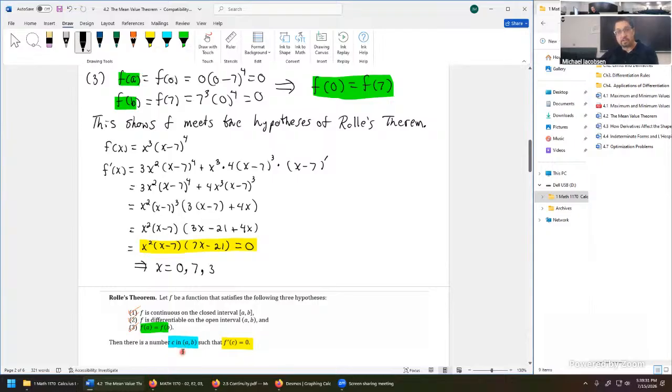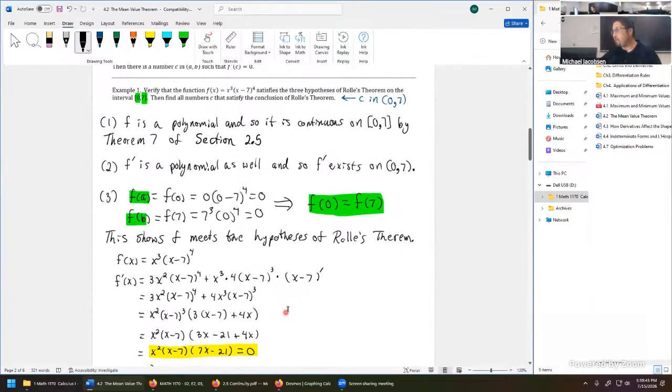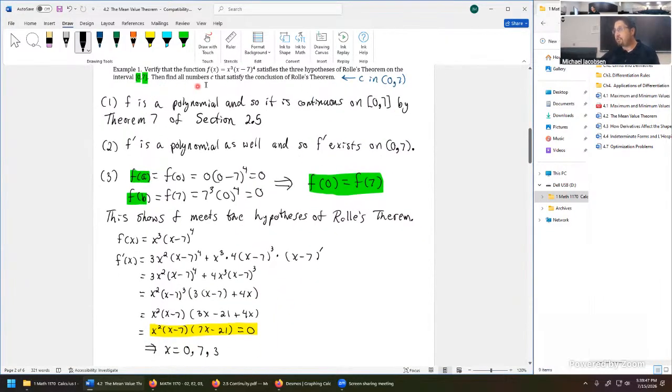The conclusion to Rolle's theorem is that there's a number c in a particular range, and that's the one and only number, or possibly more, but I think it's 1 on this one, that we're looking for. So let's scroll up for just a moment. We remind ourselves right here, find all numbers c satisfying the conclusion of Rolle's theorem means c must be inside 0 to 7, excluding the boundary points. So that means 0 and 7 are no good for this.